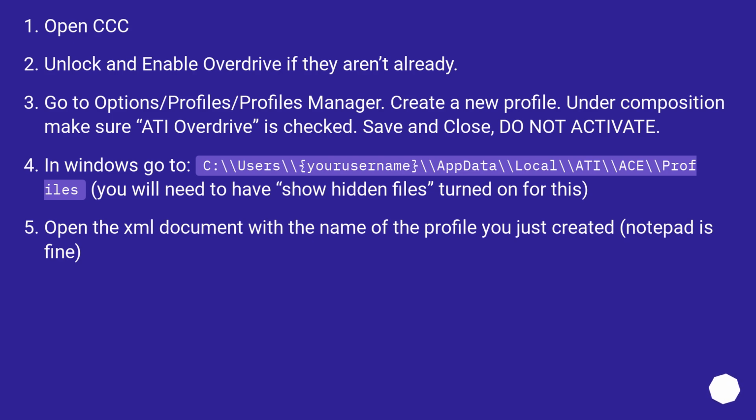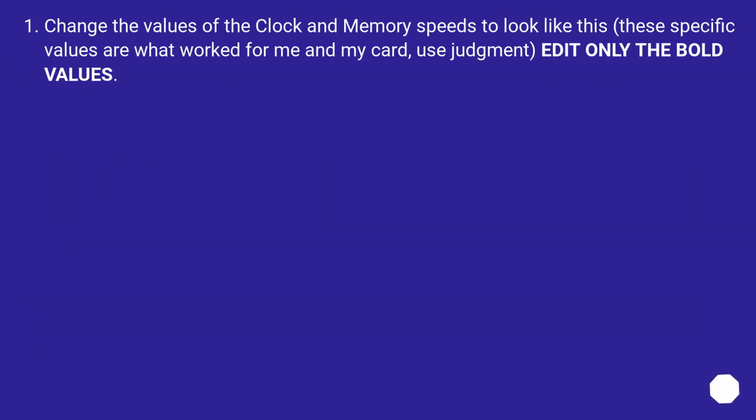Open the XML document with the name of the profile you just created. Notepad is fine. Change the values of the clock and memory speeds to look like this. These specific values are what worked for me in my card. Use judgment. Edit only the bold values.